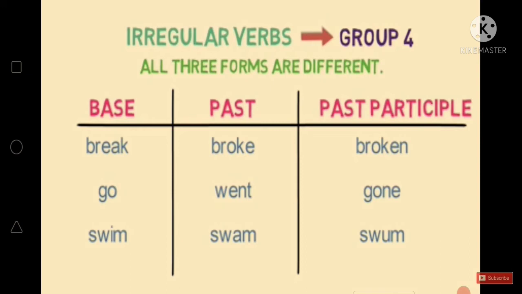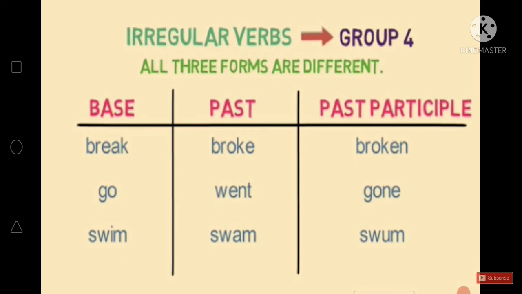Go, went, gone. Swim, swam, swum. These irregular verbs come under group 4. So these are called kinds of verbs based on structure: regular verbs and irregular verbs.